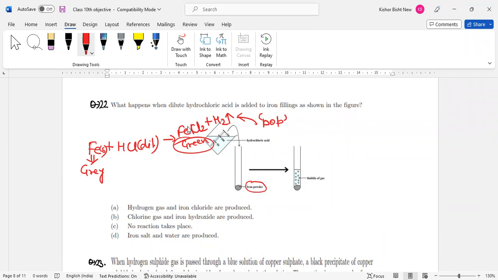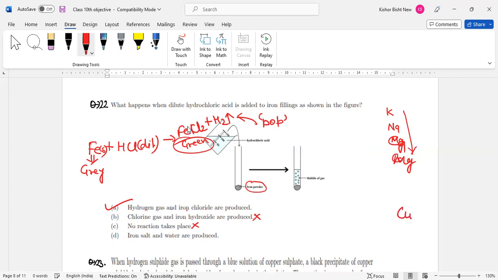Now what they are saying: hydrogen gas and iron chloride, also called ferrous chloride, are produced. Yes. Chlorine gas, no. No reaction takes place with a metal which is above the reactivity series. If you remember the reactivity series in the class 10th book, the first one is potassium, then sodium, calcium, magnesium, and so on.